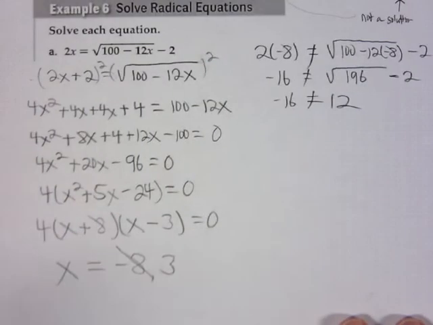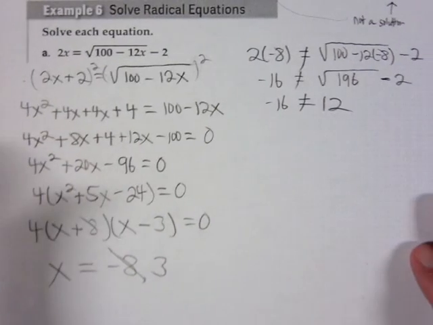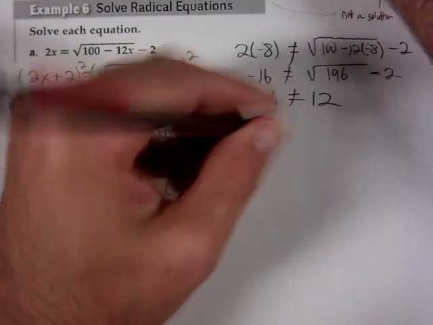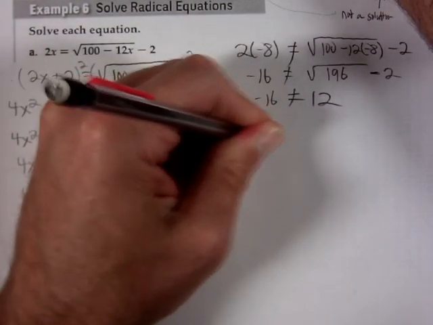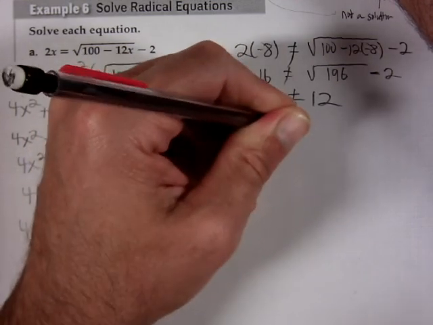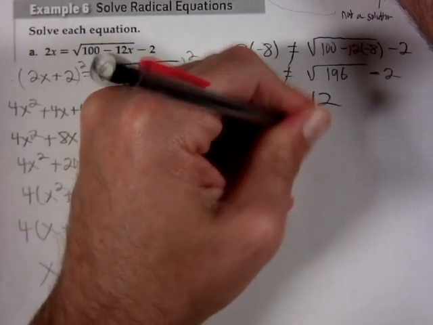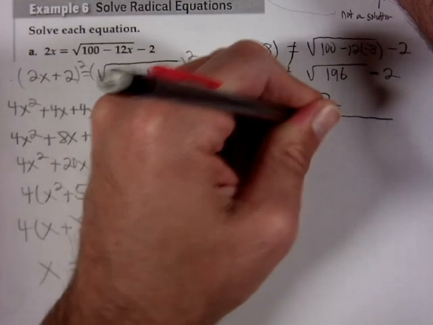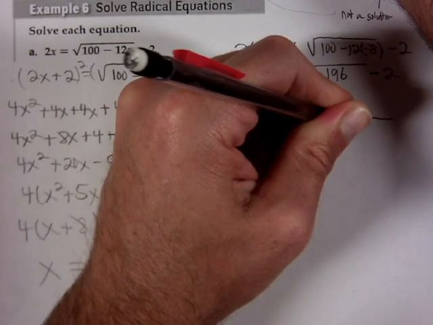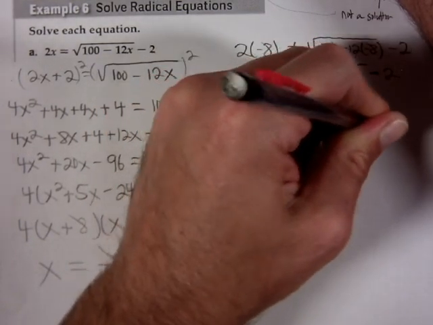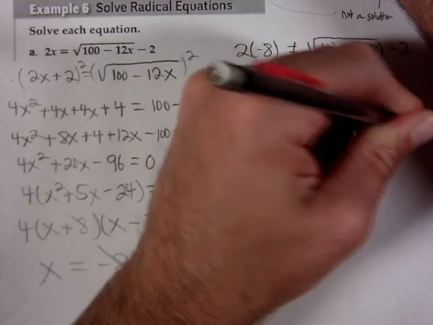Let's see if 3 is a solution, because there's a possibility that none of these work. So I'll go 2 times 3 equals the square root of 100 minus 12 times 3, and then minus 2. And let's see what we get.